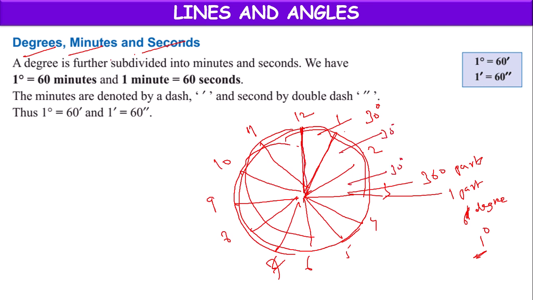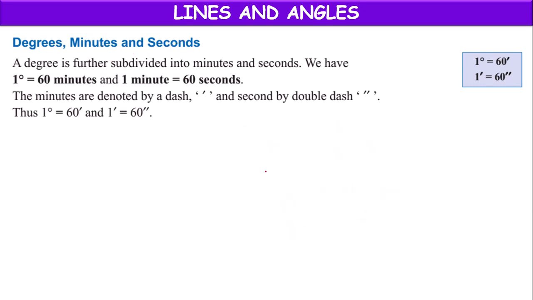So 12 to 3 will be equal to 90 degrees, which means one fourth of 360 degrees. And again, the place between 12 and 1 is divided into 5 divisions, where each division will be equal to 6 degrees. Like this, we have already learned.